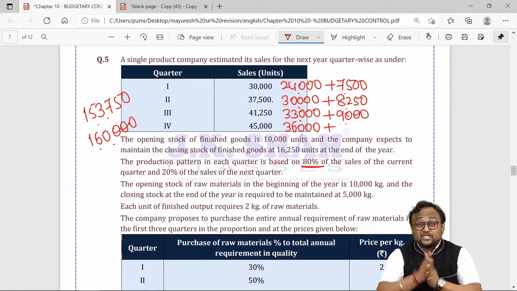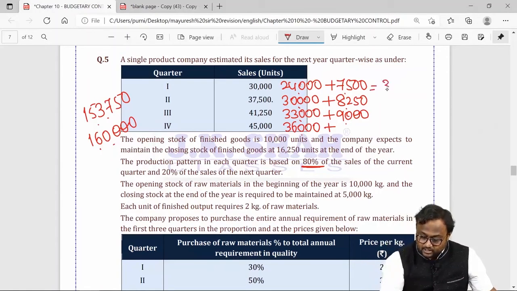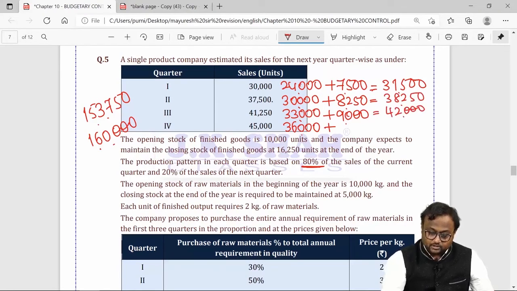Plus 80% of the same quarter will also be produced. So guys, 31,500 you are planning to produce in the first. 38,250 in the second. 42,000 in the third one.